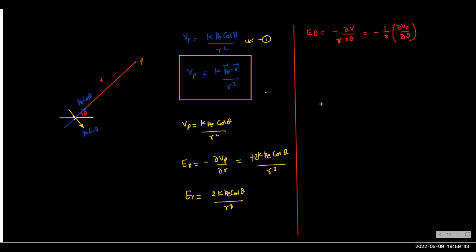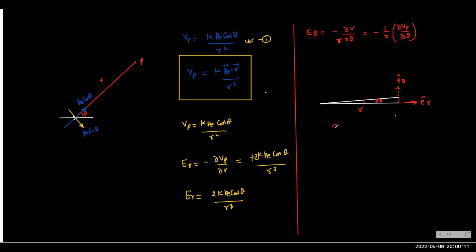It's like this. For a given point P, there are two ways to move. Either move like this, which is called the radial direction, or you can move like this, which is called the theta direction. If this is R, this is d theta.